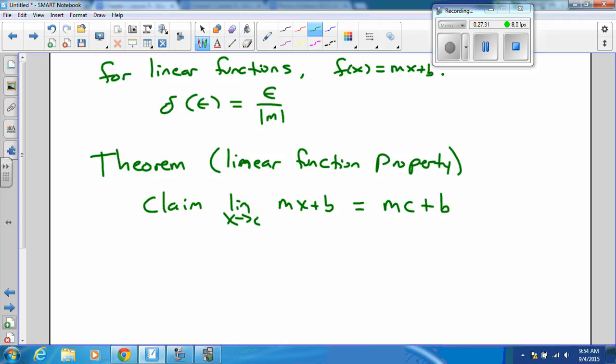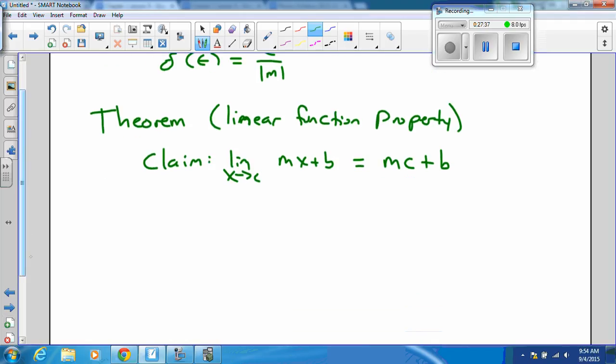I claim that the limit as x goes to c of any linear function mx plus b is simply equal to m times c plus b. In other words, I can evaluate the limit for a linear function just by substituting in c for x.